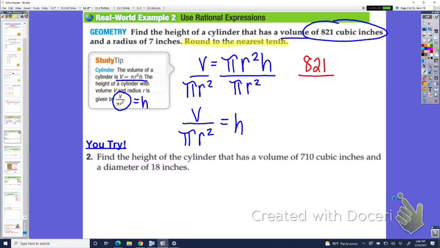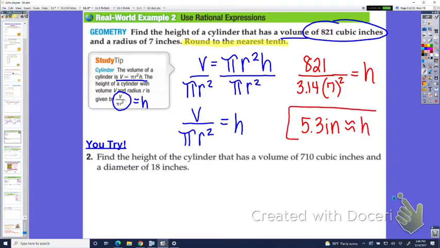For pi, we can use the pi sign, or 3.14. The radius is 7, and we have to square that. And that's going to equal our height. Now, if you carefully type that in the calculator as a fraction, exactly as you see it, you'll get 5.3 inches rounded to the 10th. So that is the height of the cylinder.